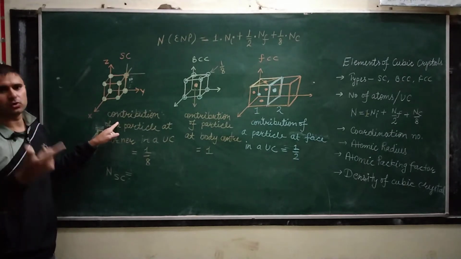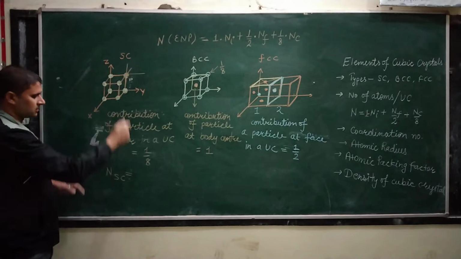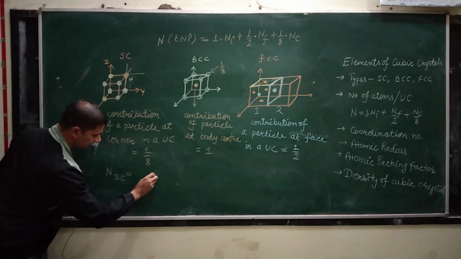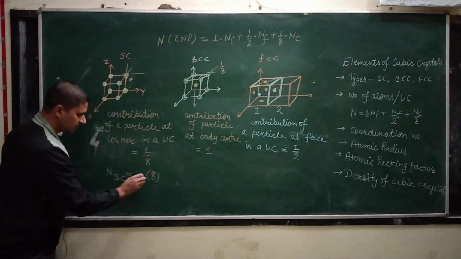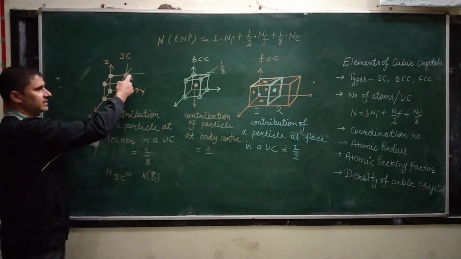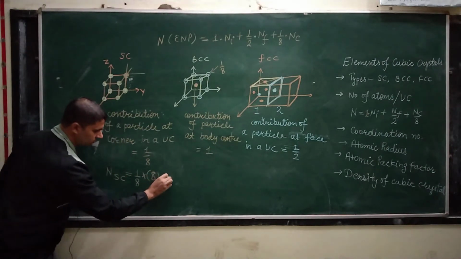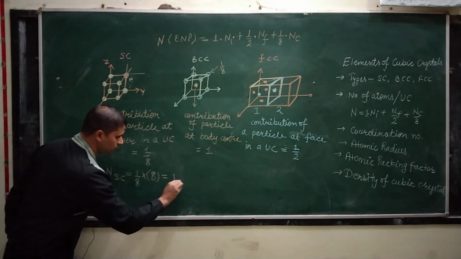There are 8 corners. 1, 2, 3, 4, 5, 6, 7, 8. So the number of particles present at the corner is 8. Okay class. And the contribution of one particle at the corner is 1 by 8. So the effective number of particles in simple cubic is equal to 1.